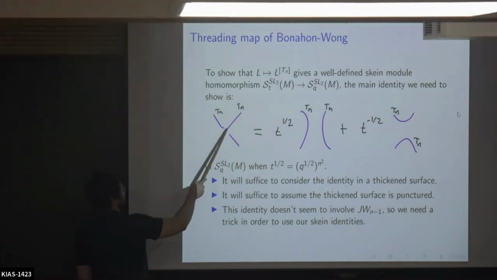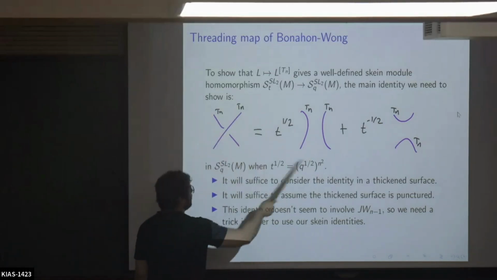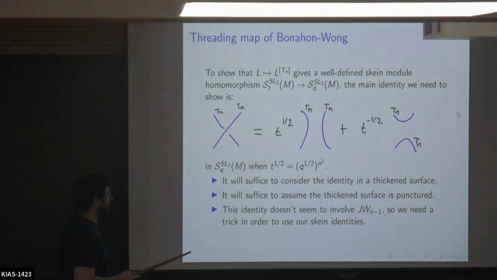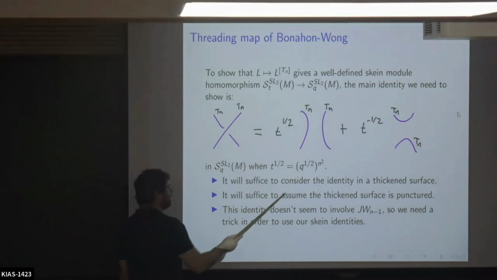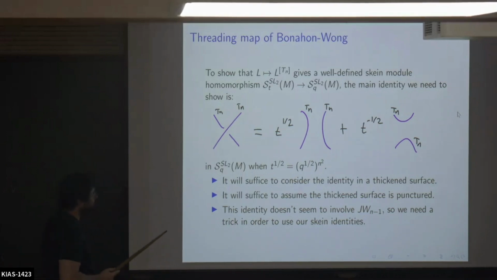But then we apply the Frobenius map to it, and we need this identity to hold in the codomain of the Frobenius map. We need to see why this identity is true.